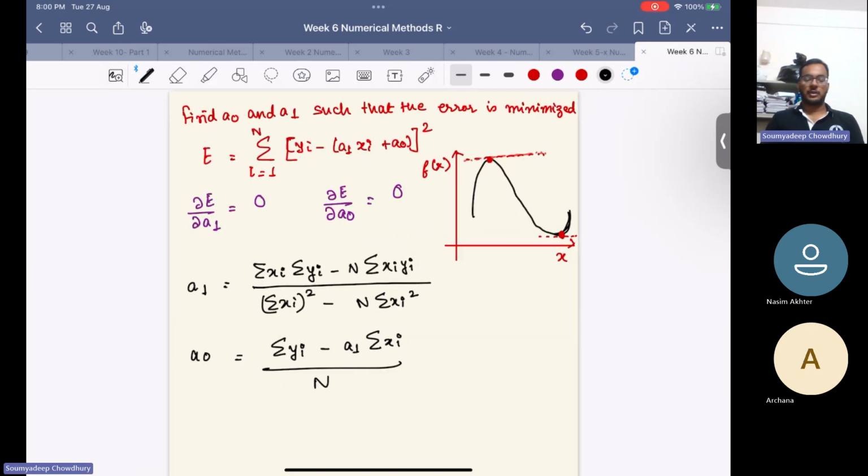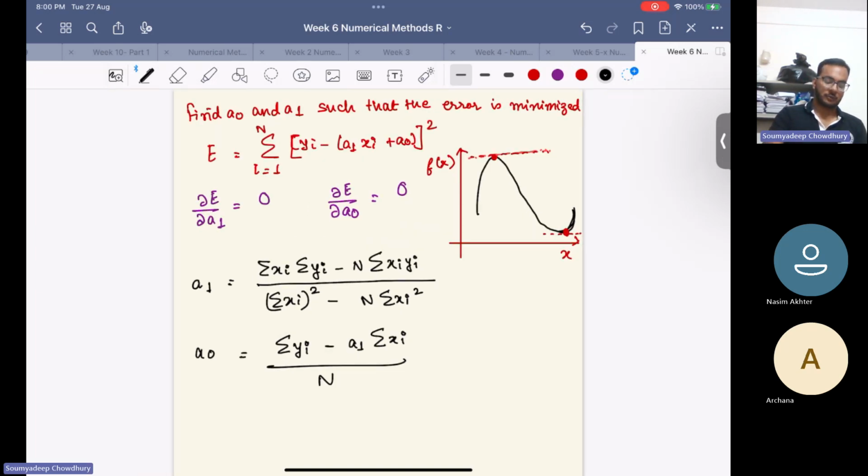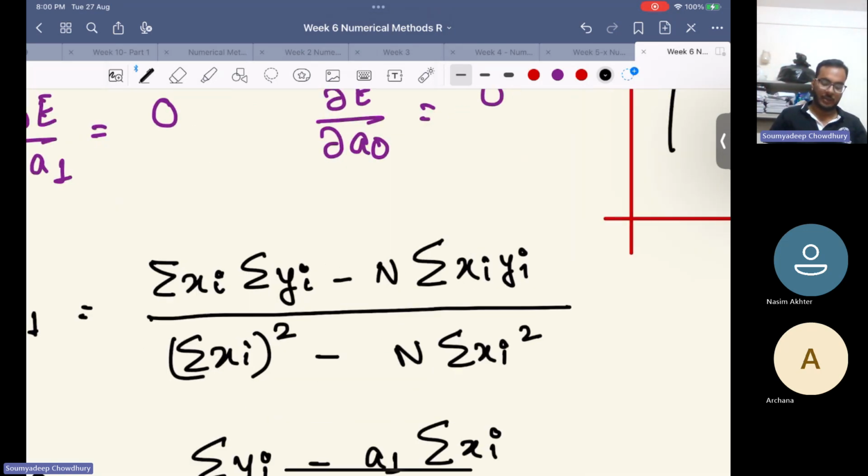If we differentiate and equate the error term to 0, we will get the values of A1 and A0 as this. What is the difference between the terms? The first term in A1 is summation xi multiplied by summation of yi, and the second term is summation xi yi. These two terms are different. Summation xi means you add up all the values of x.